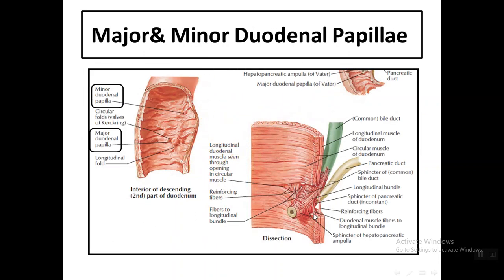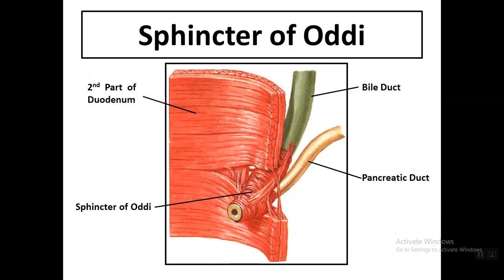This opening is guarded by a sphincter called the sphincter of the hepato-pancreatic ampulla, or another name, the sphincter of Oddi. It will regulate the passage of bile and pancreatic juices into the lumen of the duodenum.